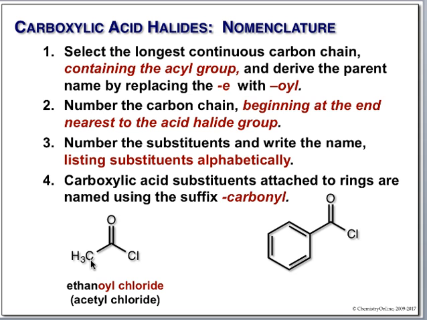If we wanted to name this as a substituent, we would say this was a benzene carbonyl chloride. Benzene carbonyl chloride as a substituent, or simply recognizing it as a derivative of benzoic acid, it's benzoyl chloride. Any questions?